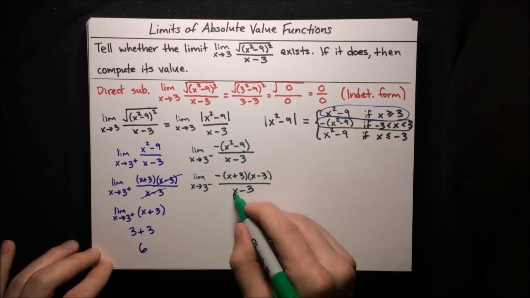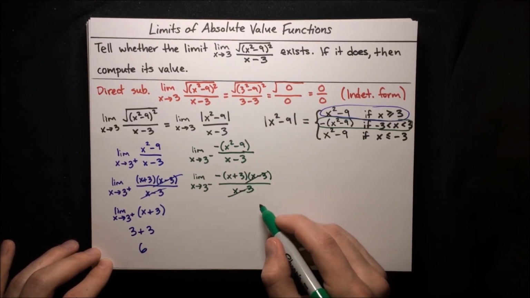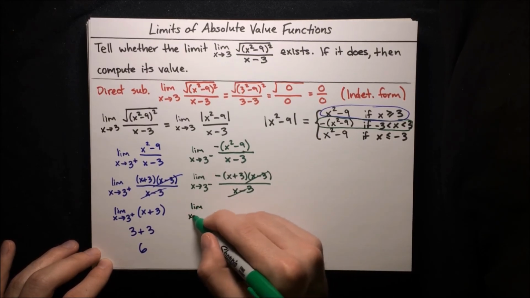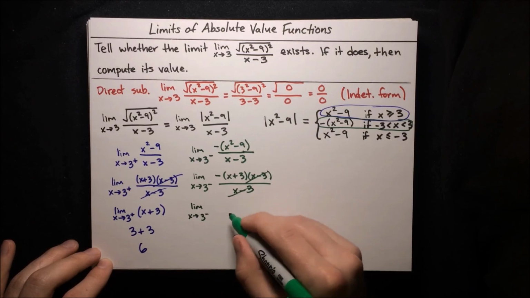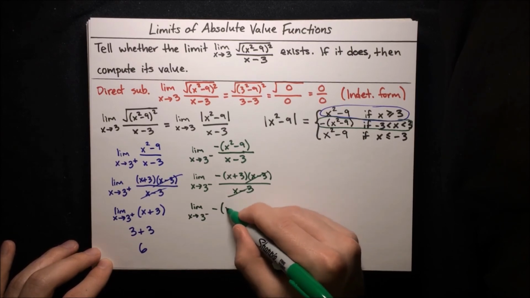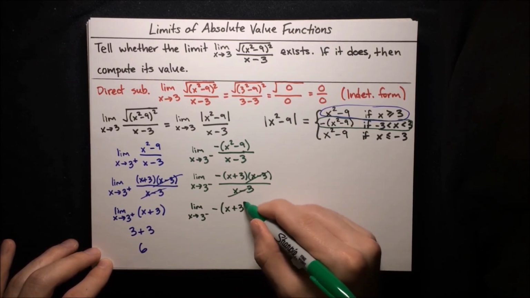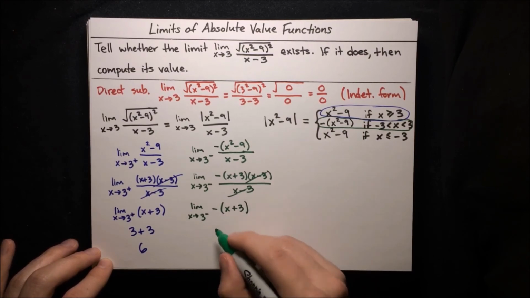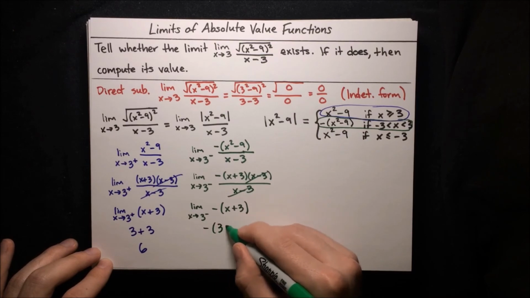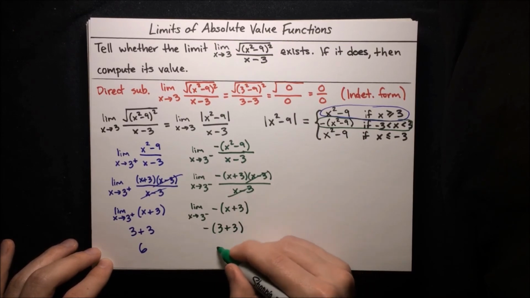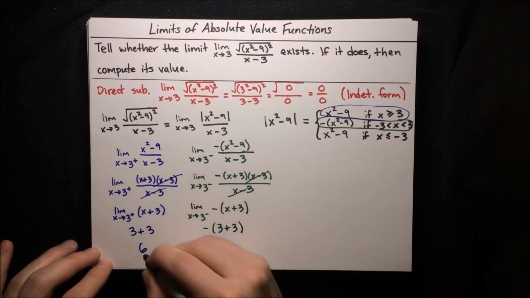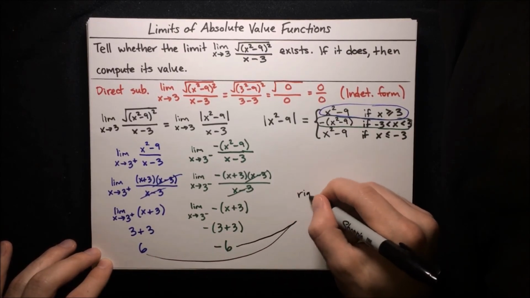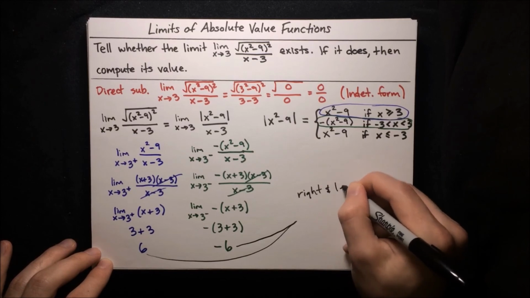So we can cancel out these x minus 3's from the numerator and denominator, and we've just got the limit as x approaches 3 from the negative side of negative of x plus 3. We go ahead and sub in 3 for x, and we get negative of 3 plus 3, which makes negative 6.